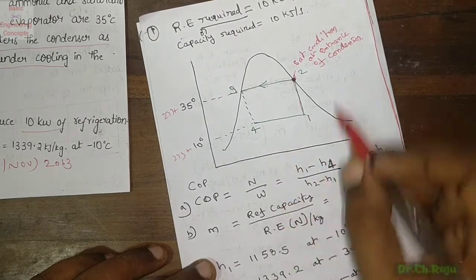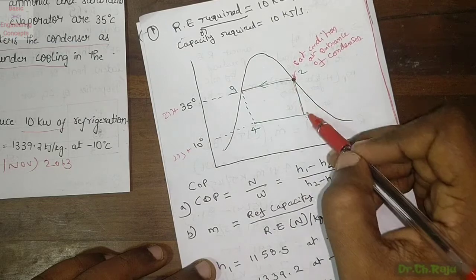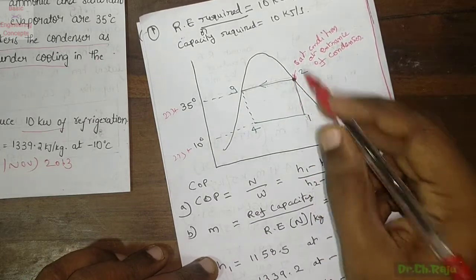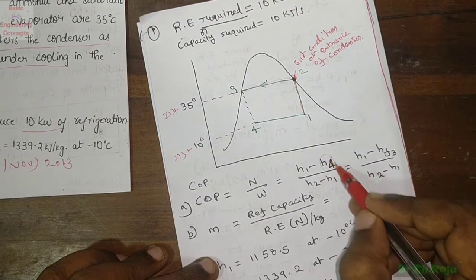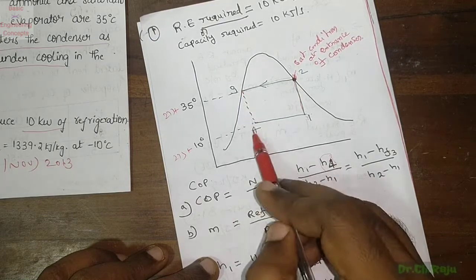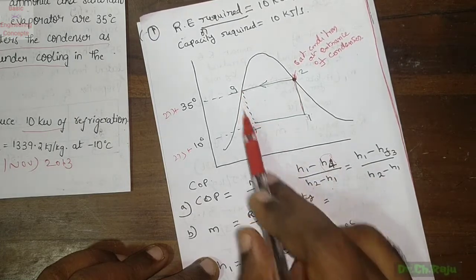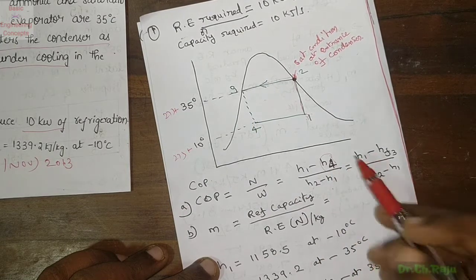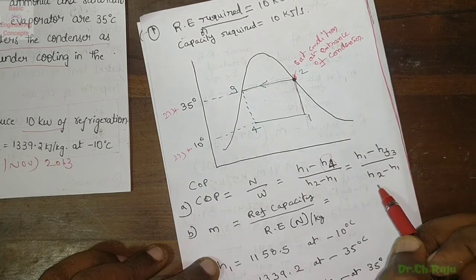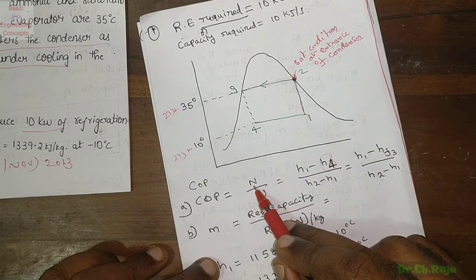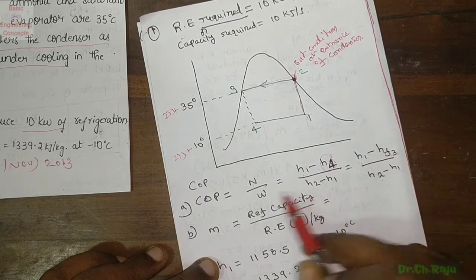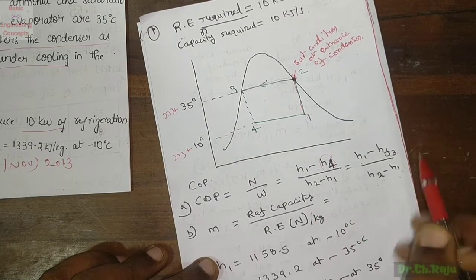The work done is the 1 to 2 process, the work done during the compression, H2 minus H1. Here H4 can be treated as H3 as this is a constant enthalpy process, that is a throttling process. That's why H4 can be renamed as HF3. Then the refrigerating effect is equal to H1 minus HF3, and the work done is equal to H2 minus H1.